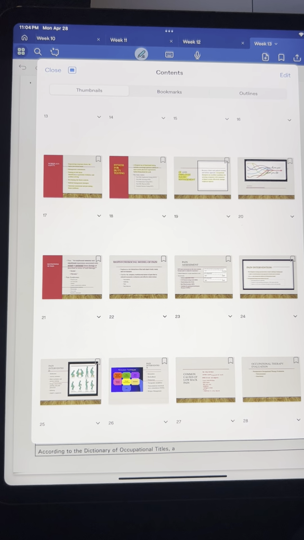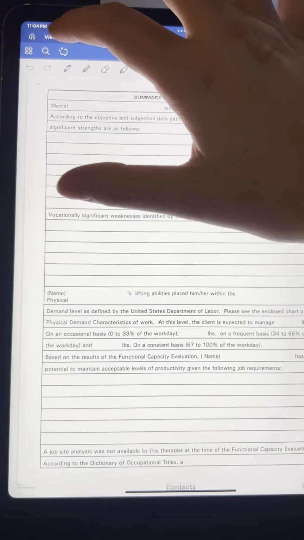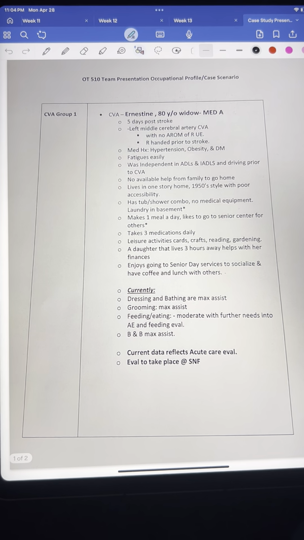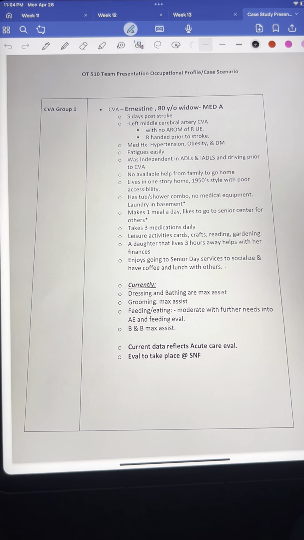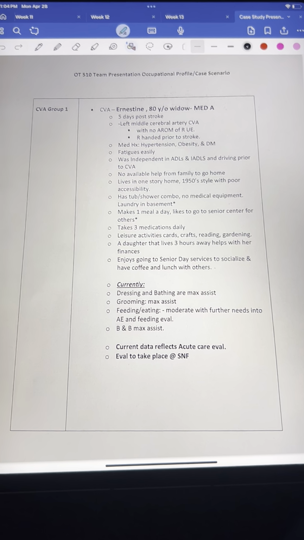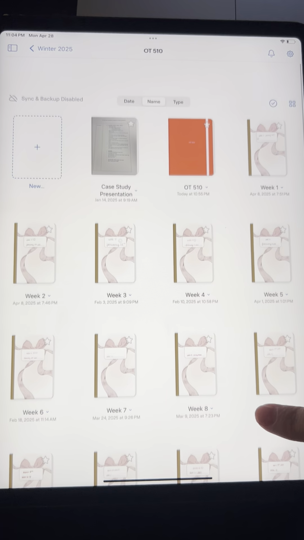And then for our presentation, me and my group mates saved our presentation through our shared docs, as well as I kept this in here just to cross-reference if I ever needed it and didn't have the paper with me. So that is my binder for 510.